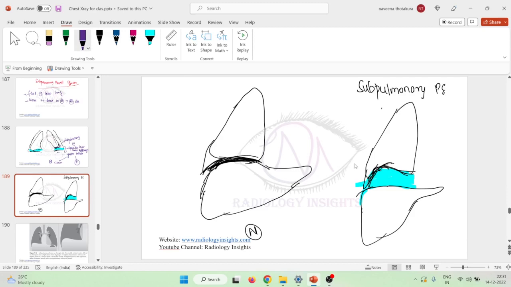So one of the major ways to distinguish subpulmonary pleural effusion is the highest point of the dome of the right diaphragm.